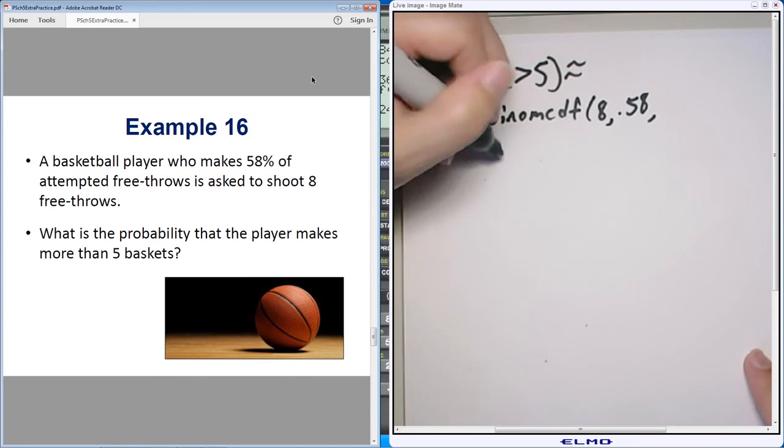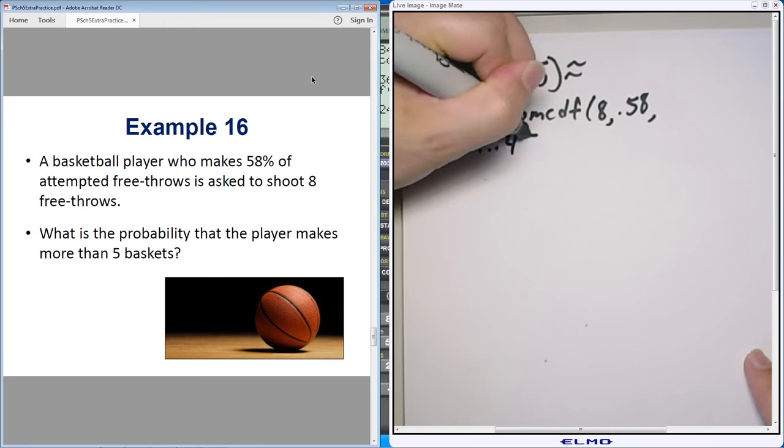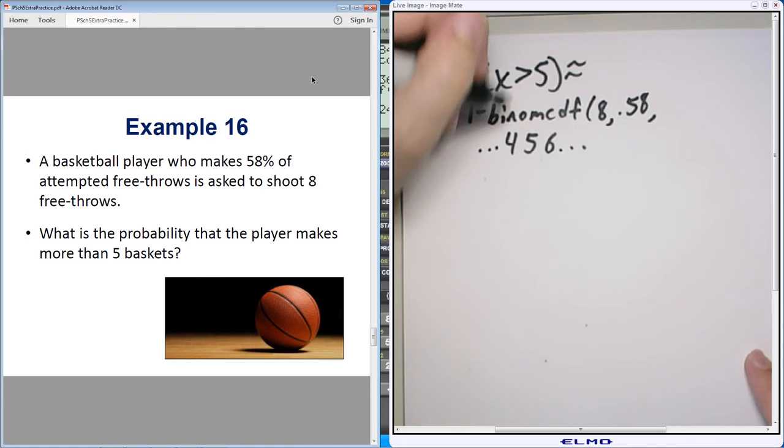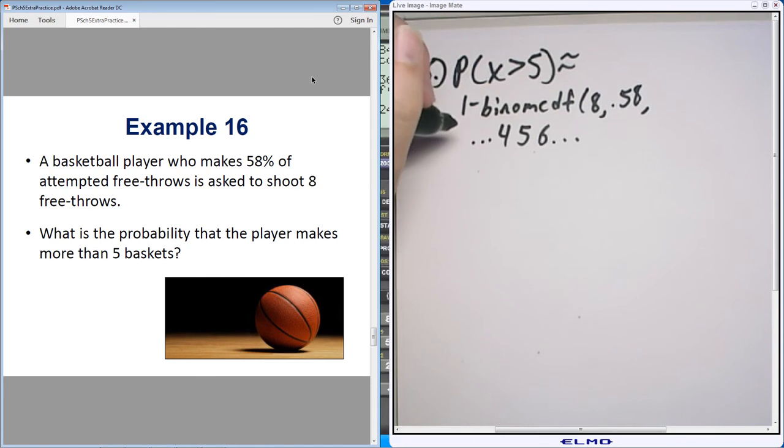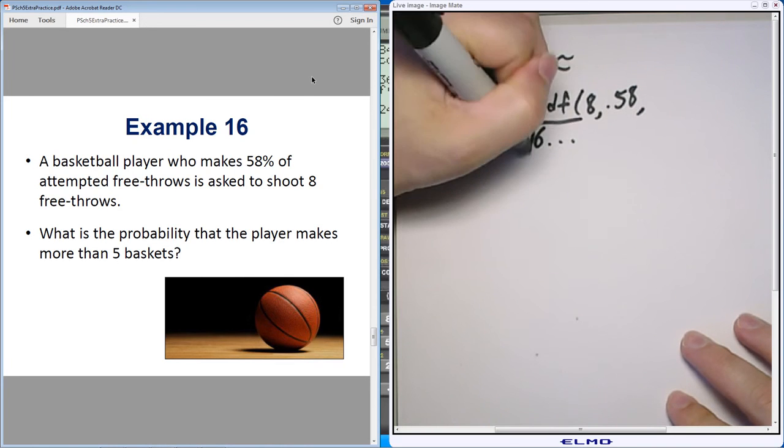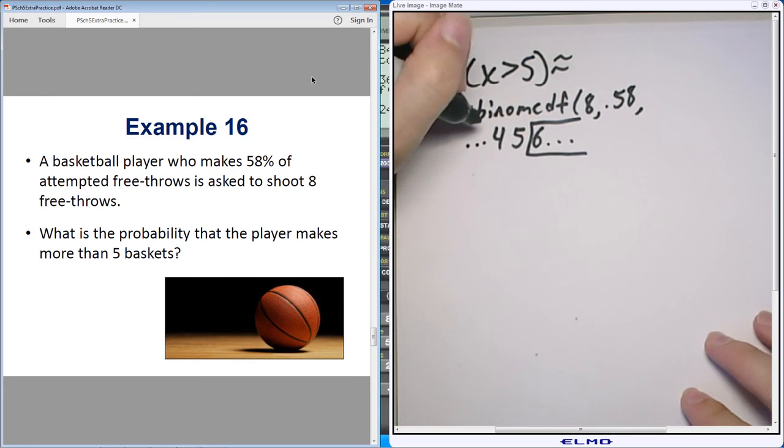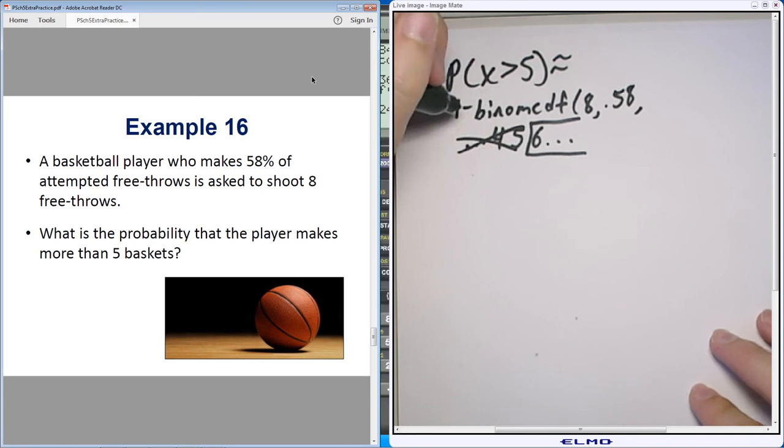Let's think about it. I'll just list the numbers around 5. So 4, 5, and 6 and dots. More than 5 would be 6 and up. It wouldn't include 5. So I want to get rid of 5 and down.